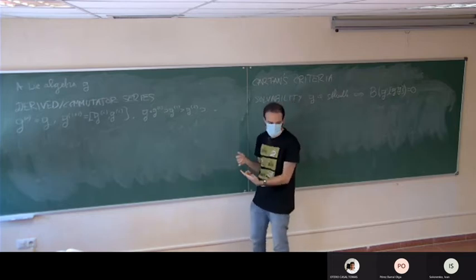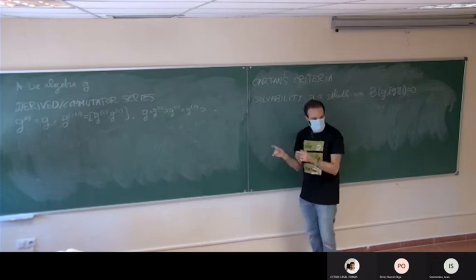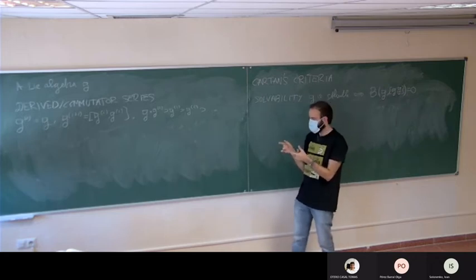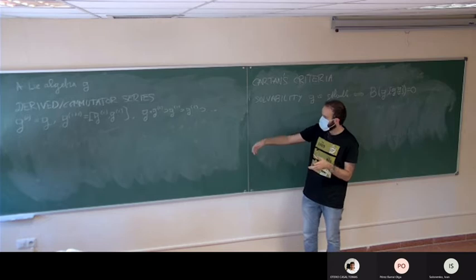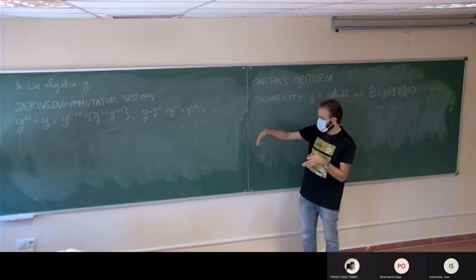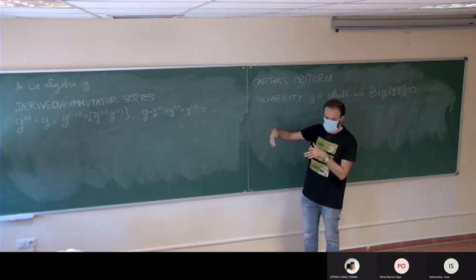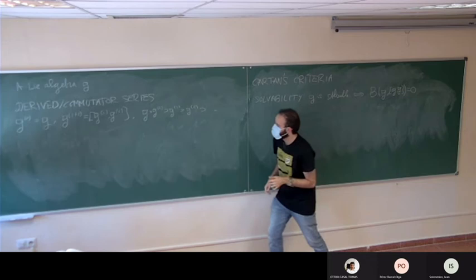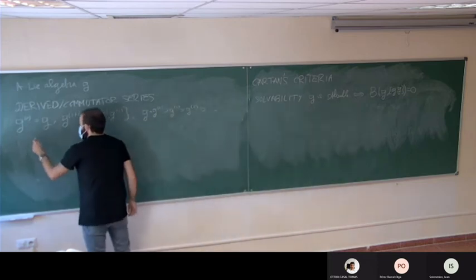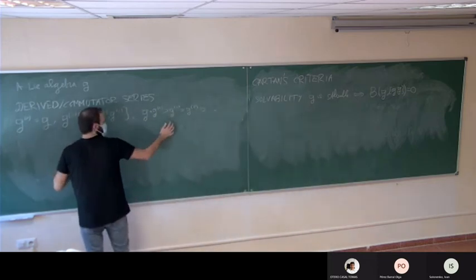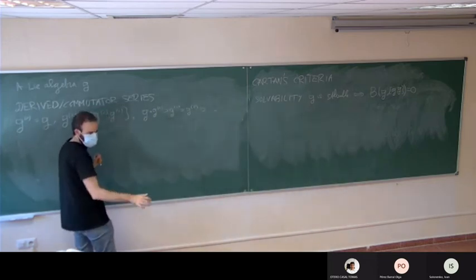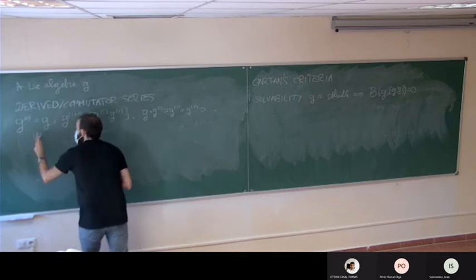This has to happen because G is assumed to be finite dimensional. And the moment that G_i is equal to G_{i+1}, all the G_j that go after it will have to be equal to G_i. So this always stops, but it will not stop at 0.